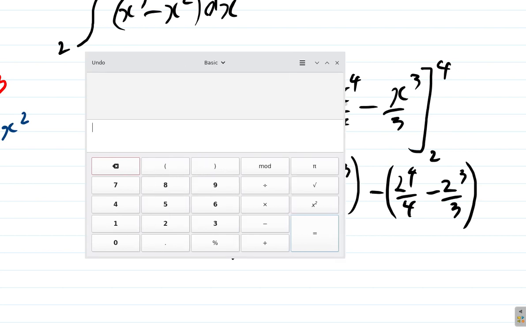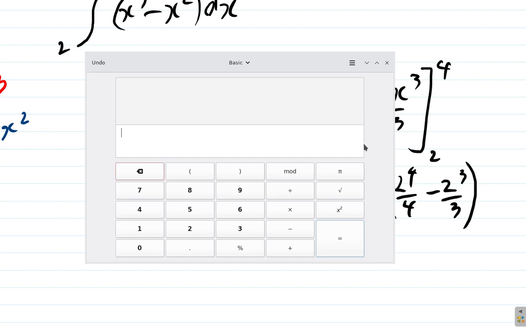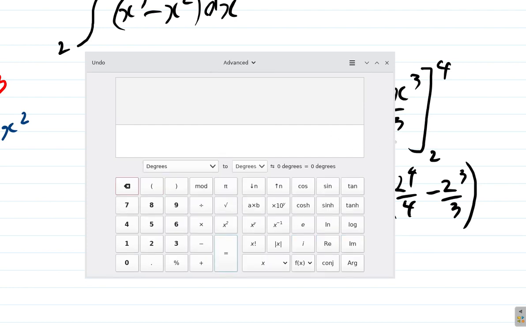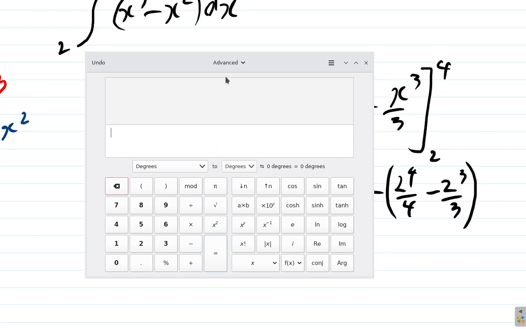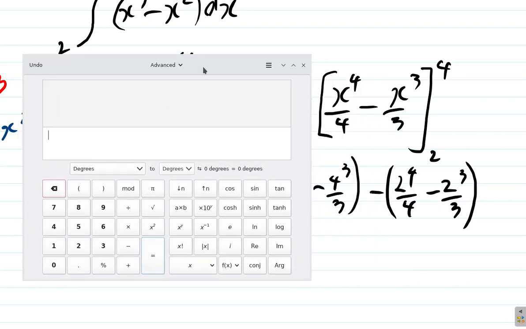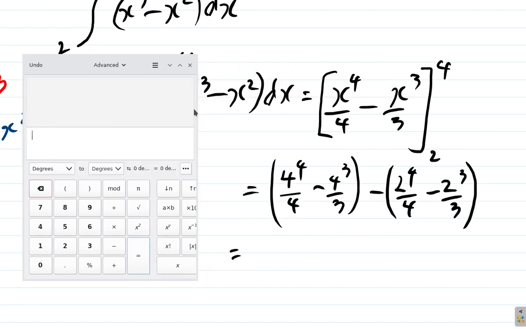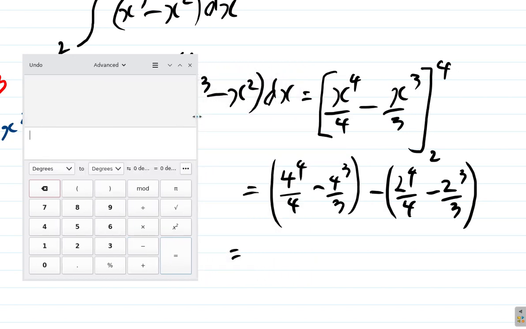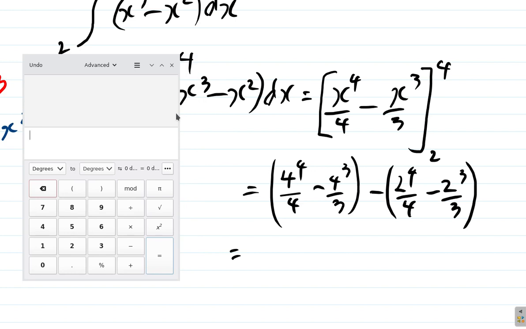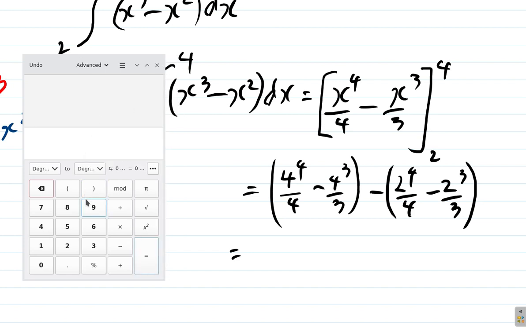Advanced mode is what I want, but I don't think we really need advanced mode here. I don't think I need to widen the calculator here. Alright, make the calculator more narrow, to have more space to work with. 4.